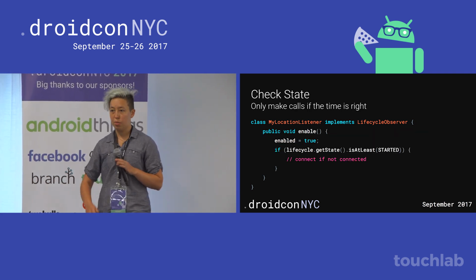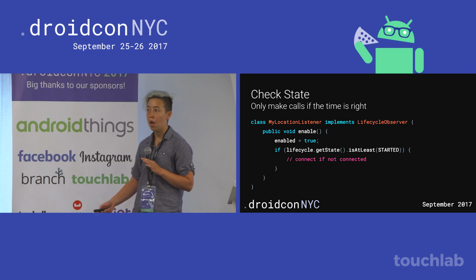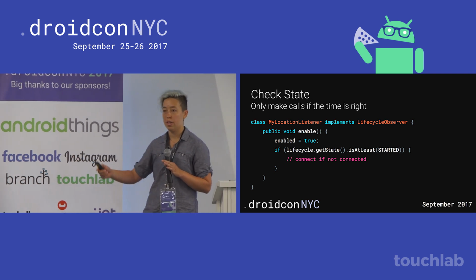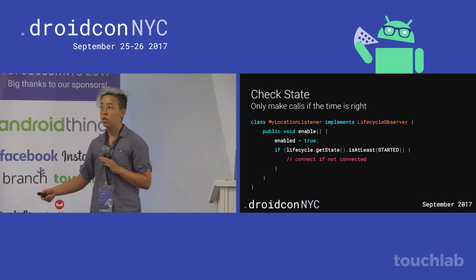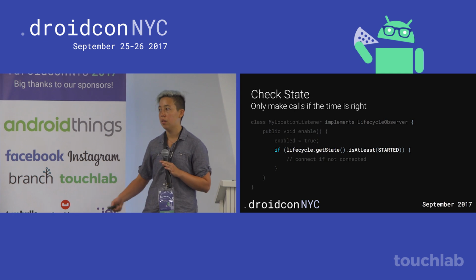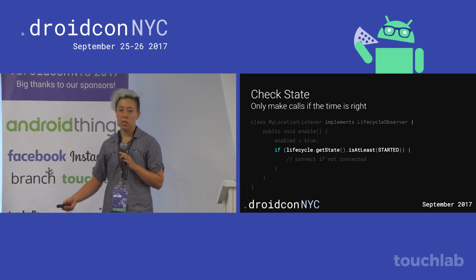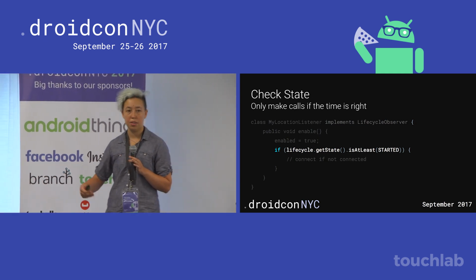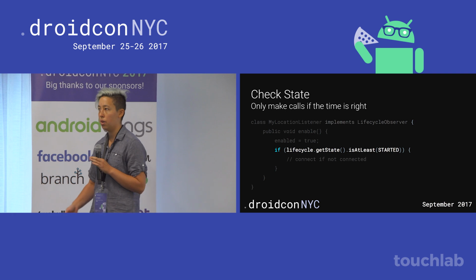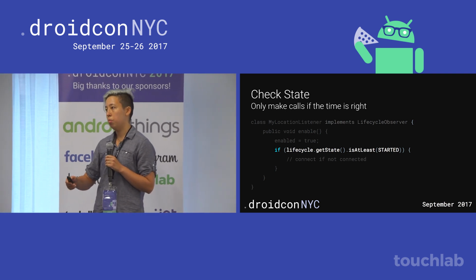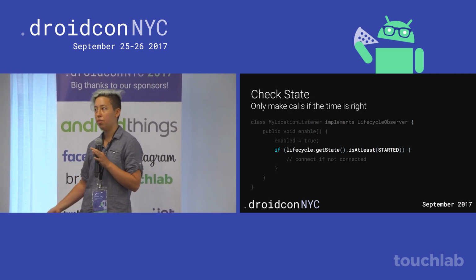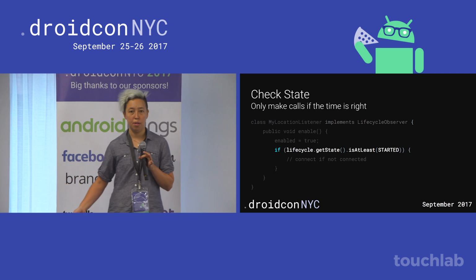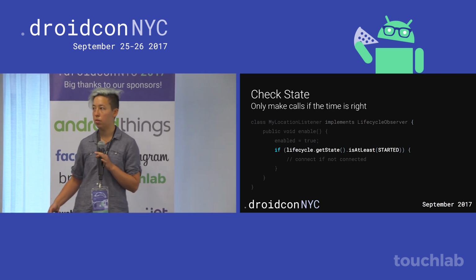And this gives us some superpowers. Now our listener knows about the lifecycle and it can manage itself. So it can do things like query the lifecycle for its state and only take certain actions if the lifecycle is in a state where that would make sense. So, for example, this statement is saying, if my lifecycle is in the background, I don't actually want to continue going on with this method here.